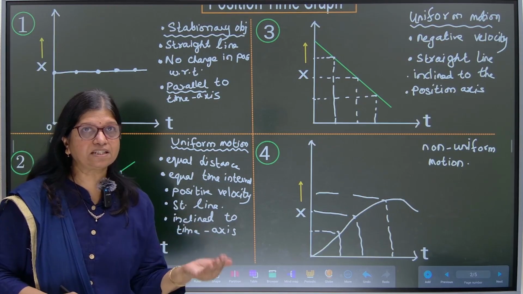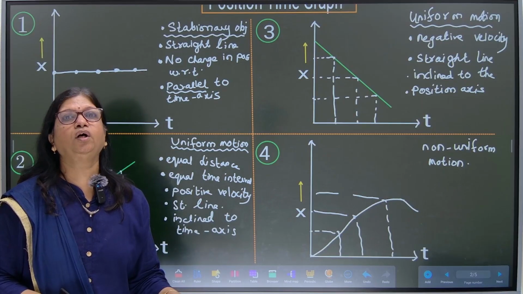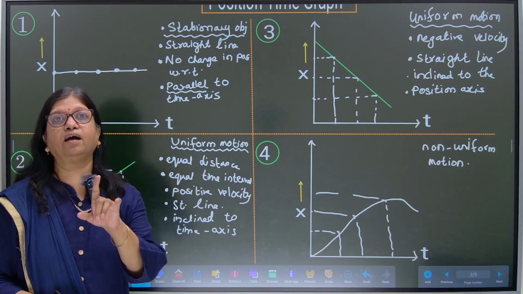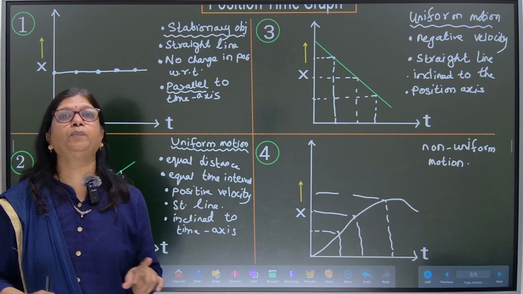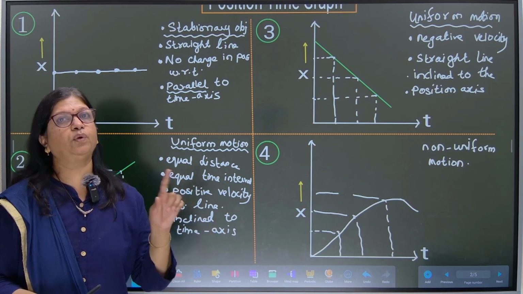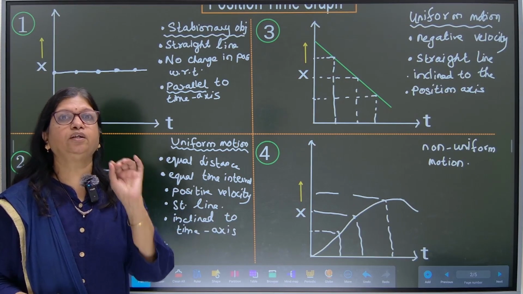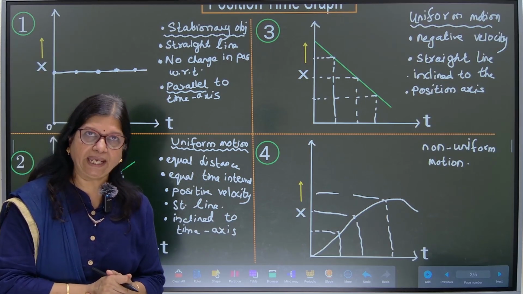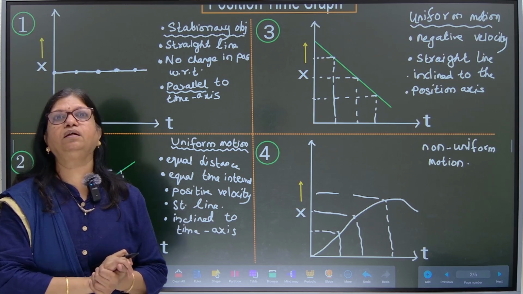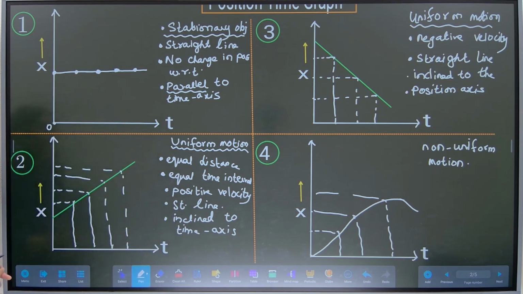Okay, now in the next page of the same video, we will understand how to calculate the slope of the graph and hence the velocity of the object using a graph. Okay, keep watching the video till the end so that you understand the concept. I'll just move, you take a click, and we will understand how to go to the next page.